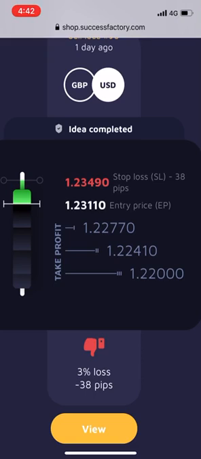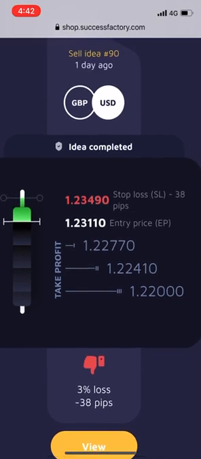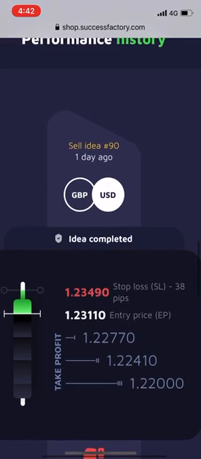Those numbers represent at what point you want to take your profit. Point 1 is lower risk, point 2 is medium risk, and point 3 is a higher level of risk.